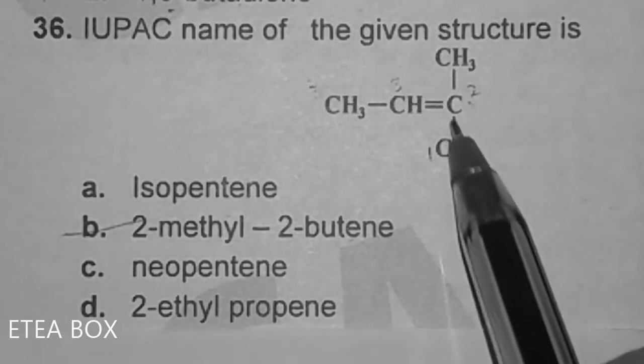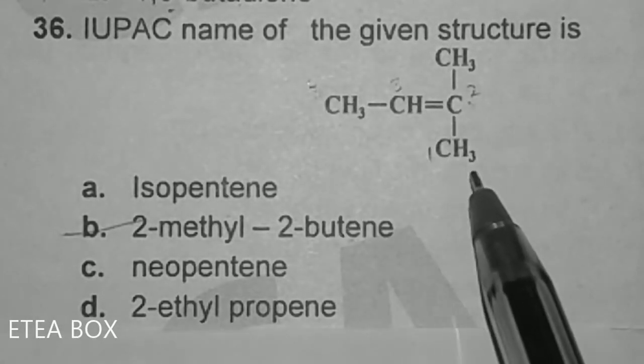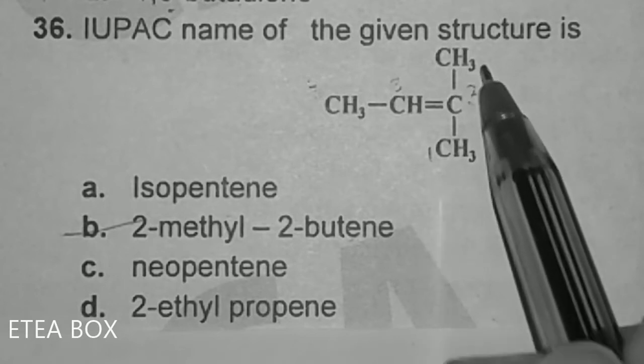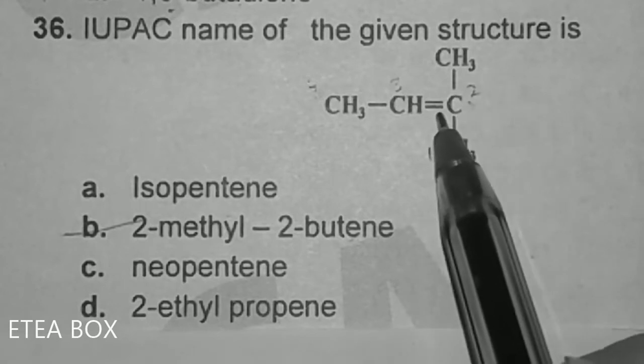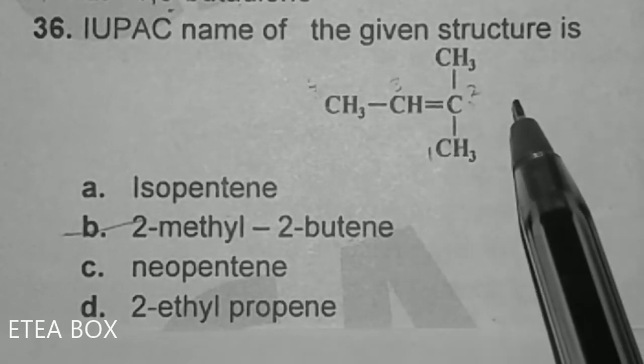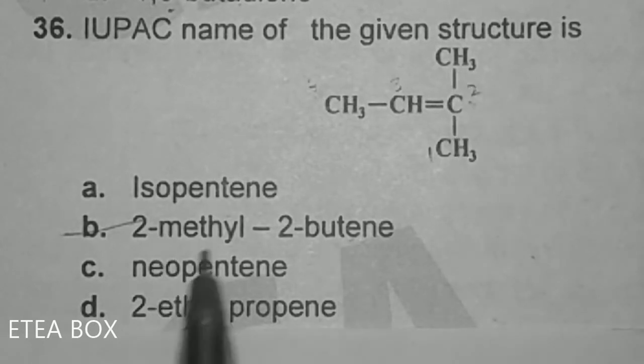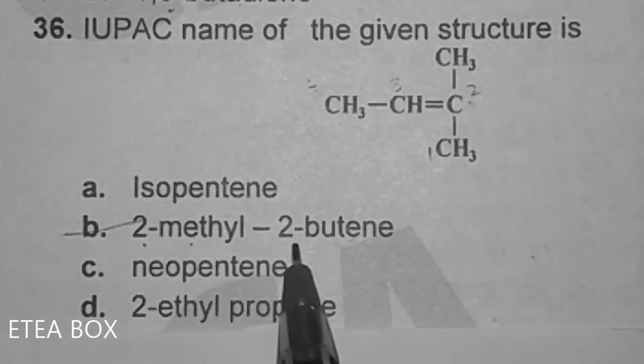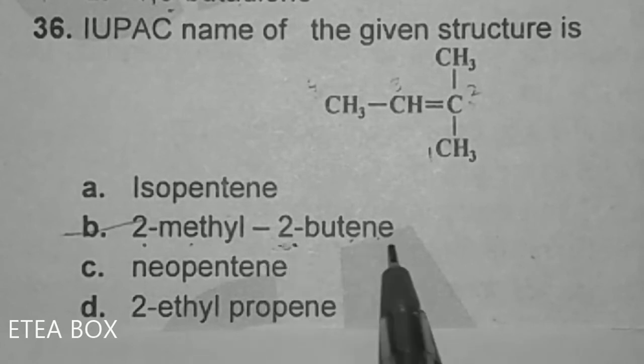This gives butene. Now on carbon number 2 a methyl is present and on carbon number 2 the double bond is also present. So you have to name the methyl first. 2-methyl-2-butene. It means that on carbon number 2 the double bond is present, 2-methyl-2-butene.